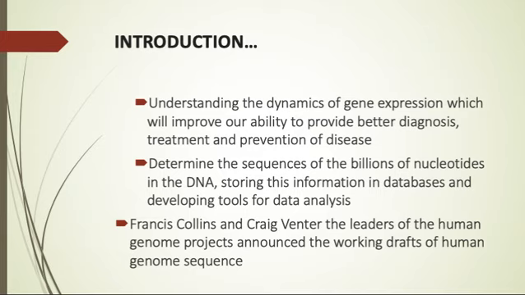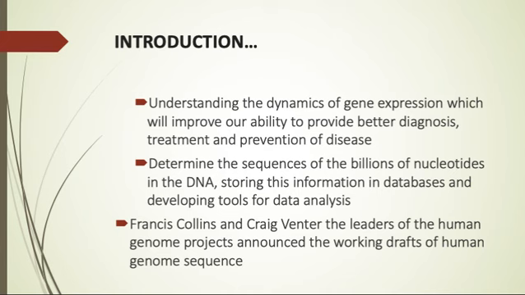It also helps in determining the sequences of the billions of nucleotides in the DNA, storing this information in databases and developing tools for data analysis. The Human Genome Project was first started off by Francis Collins and Craig Venter, the leaders of the Human Genome Projects, and they announced the working drafts of the Human Genome Sequence.